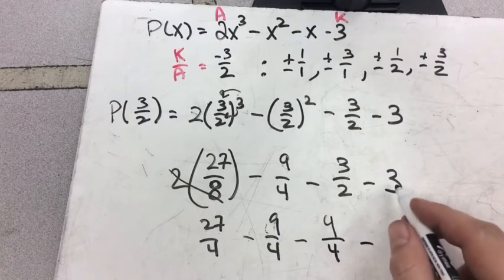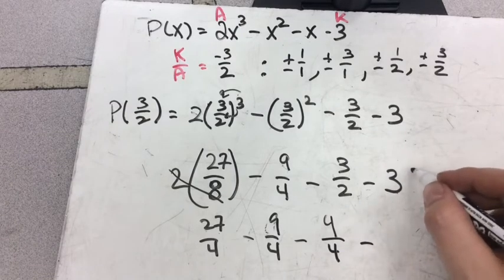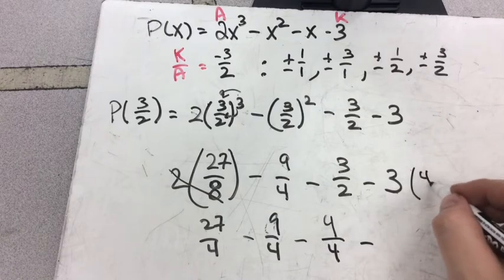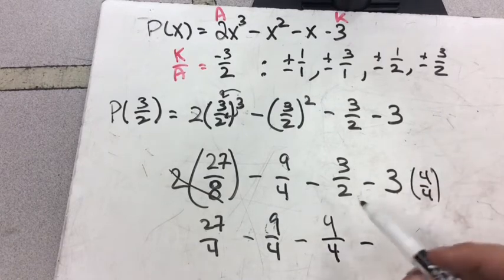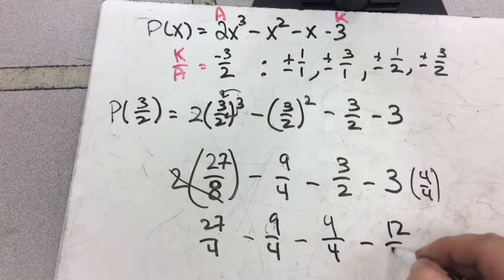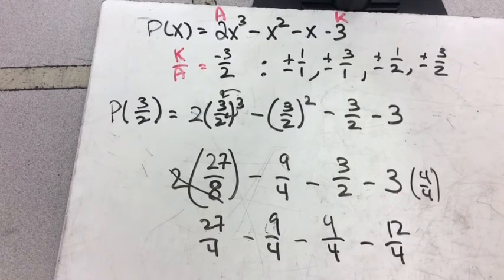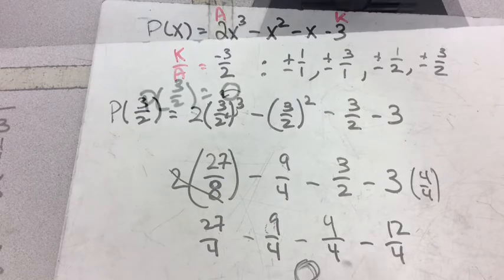If I want to put 3 in terms of fourths, I have to multiply by 4 over 4, just a fancy way of multiplying by 1. This will give me 12/4. This might be a little dusty in our memories. This is going to be some serious review back to fractions and all those good things. When we do all this, we end up getting 0 as the answer, which is exactly what we need.